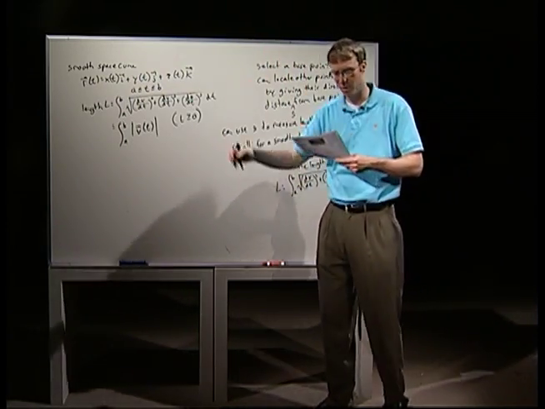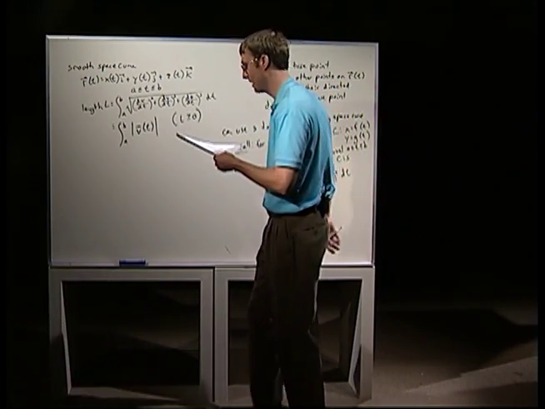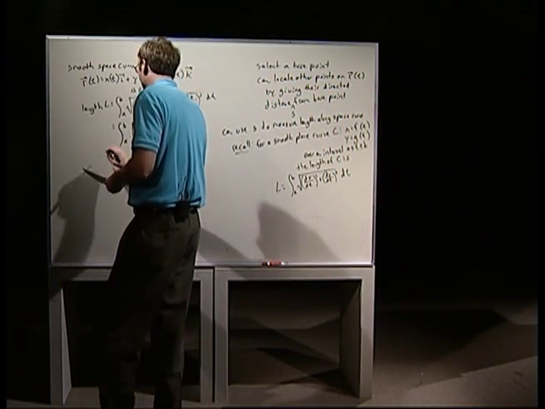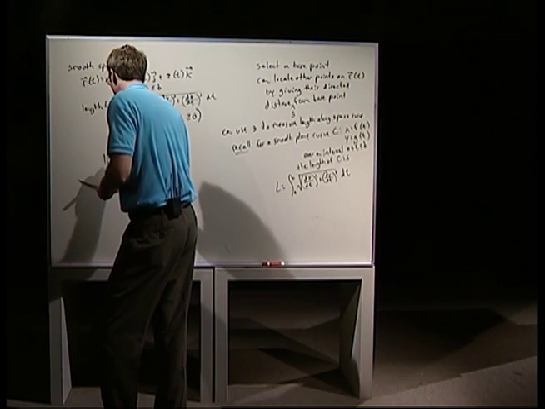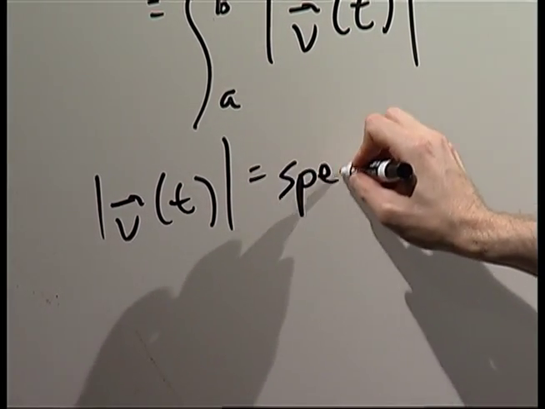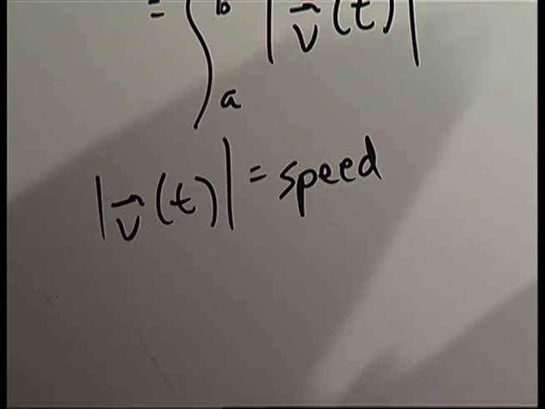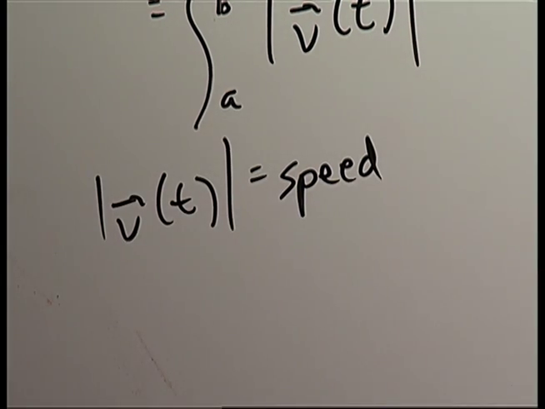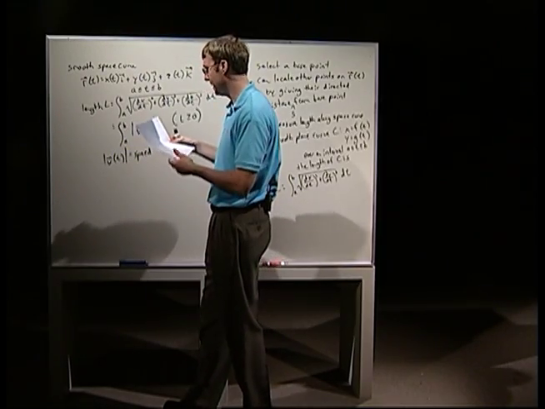It doesn't matter which way you go. It's always a non-negative quantity. All right, so a few considerations here. Another way of saying length of velocity is speed. Velocity is a directed quantity. It's a vector. Speed is a scalar quantity. It's got no direction to it, so this is speed.